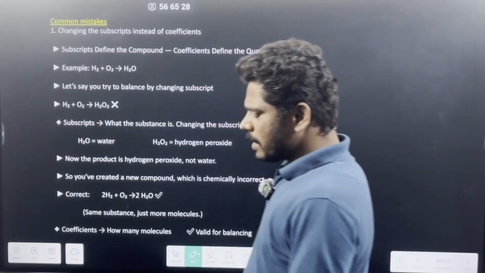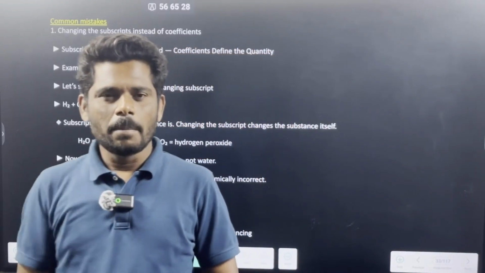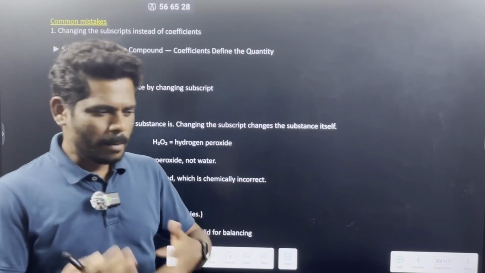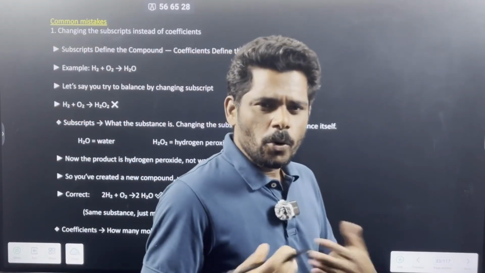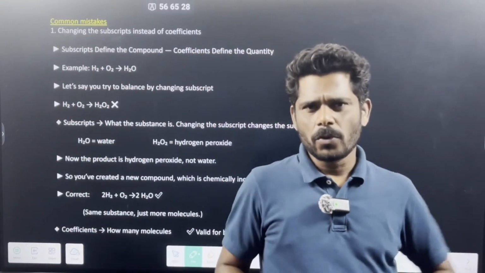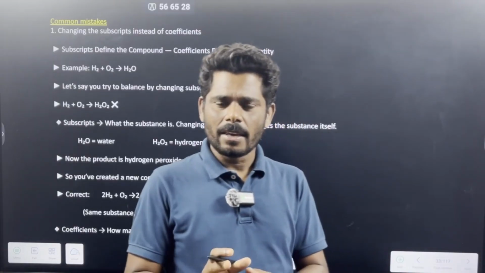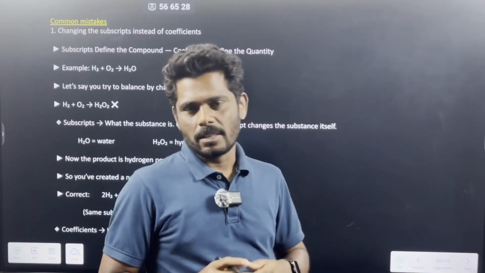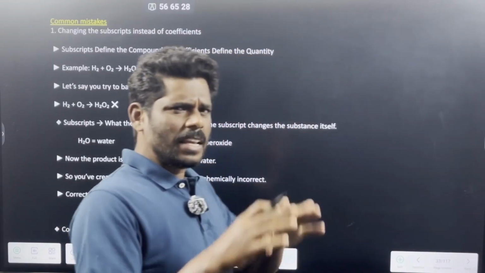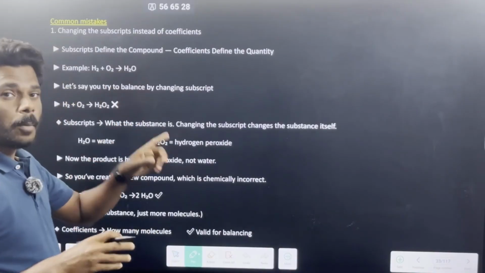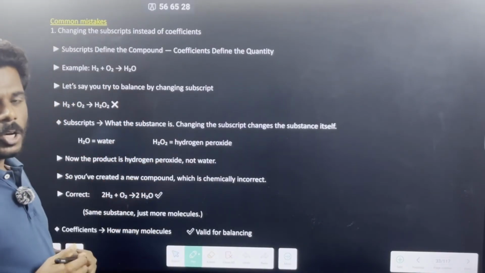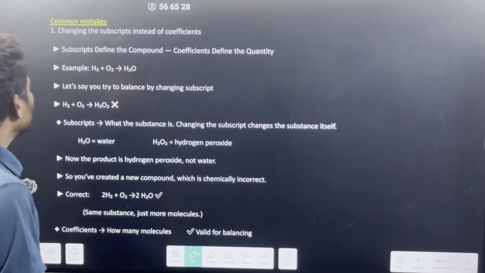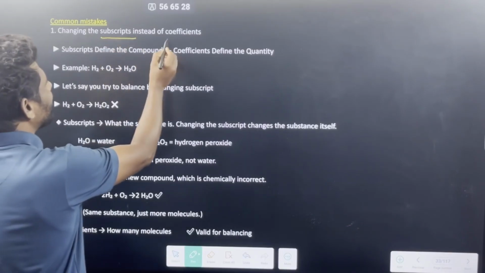What are the common mistakes usually made in balancing the equation? When people are balancing the equation, knowingly or unknowingly, out of confusion, curiosity, or in a hurry, we may commit some mistakes. Very silly, but they must be addressed in our mind to avoid them. See, changing the subscripts instead of the coefficient.